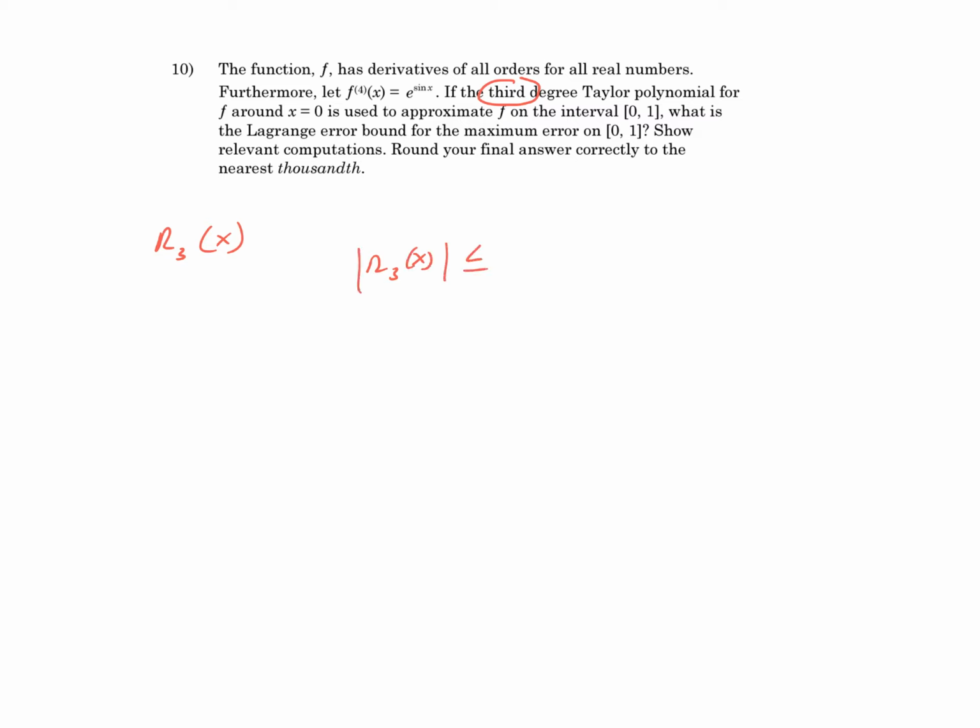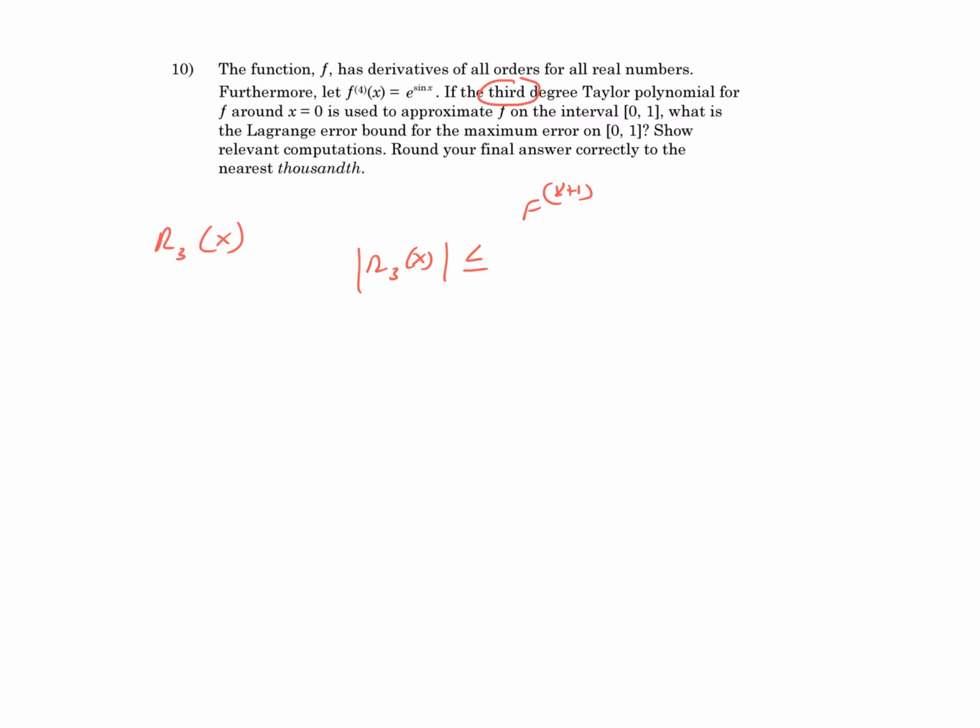Well, remember from our formula that we are looking for the absolute value of that, and that has to be less than or equal to, and this is where I'm not sure what's the best way to notate it. I often use n plus 1, and I got this n, k problem, so I'm going to go with k just because I've been using that more this year.